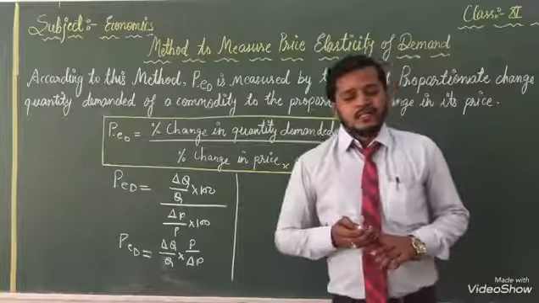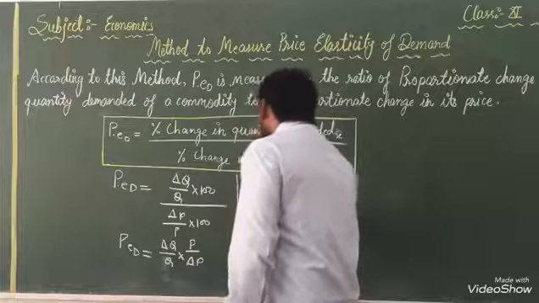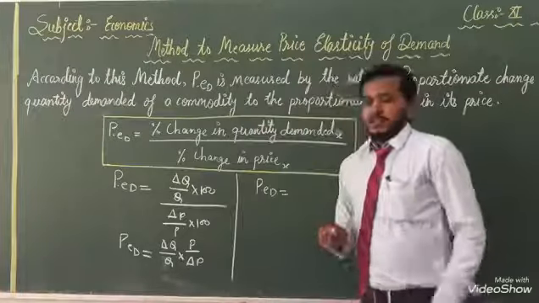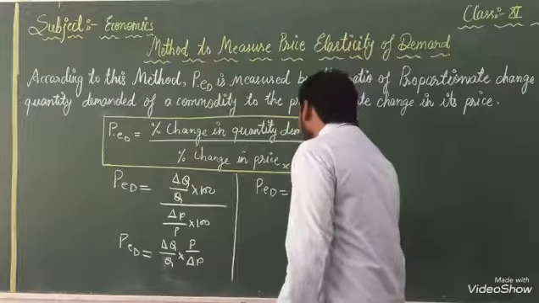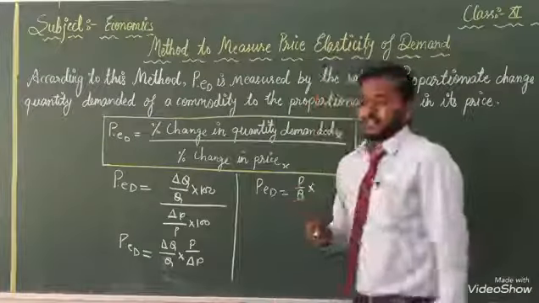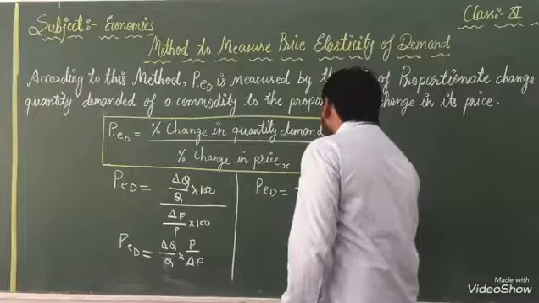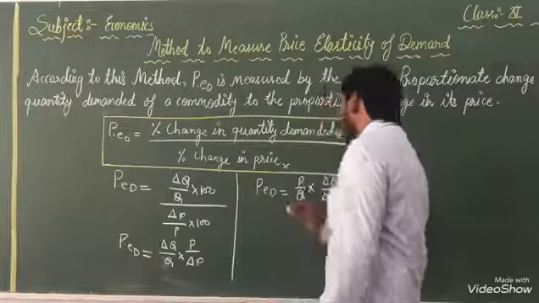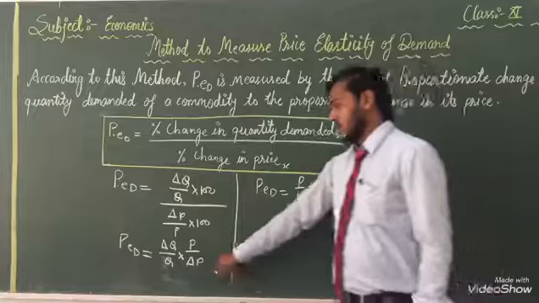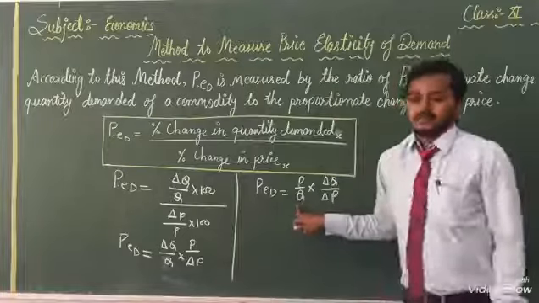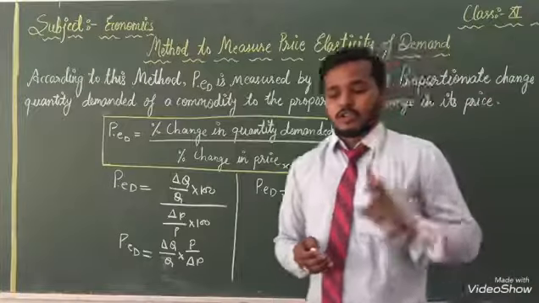Now, price elasticity of demand equals P by Q into del Q by del P. On this process we have done this, or we can write it this way, and you have to solve the question accordingly.